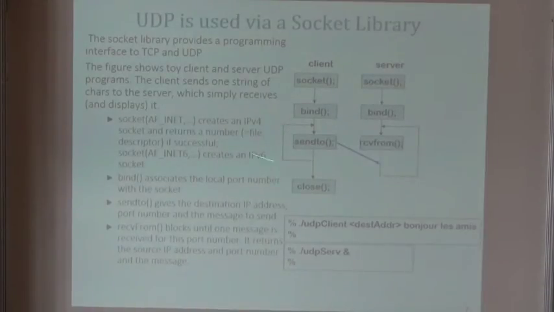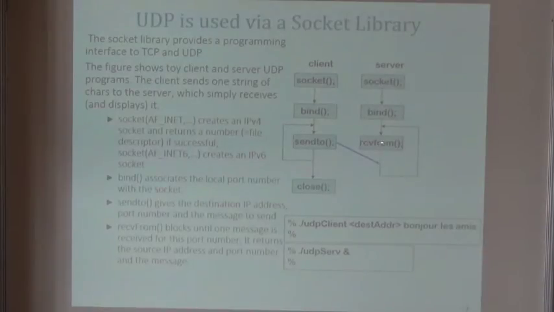If this is a DNS server, you can get it from anyone. And this from indicates that we will get the information about the source that will typically be used for sending a response. For example, if this is a DNS server, it will look up its database to find the answer to the question that's asked in the message, and then it will respond to the source by looking at the source IP address and source port number that it has got from this call here.